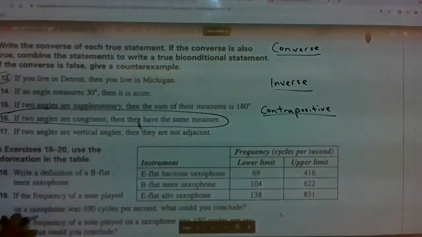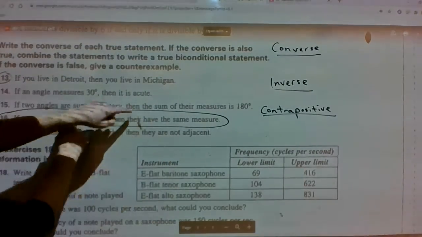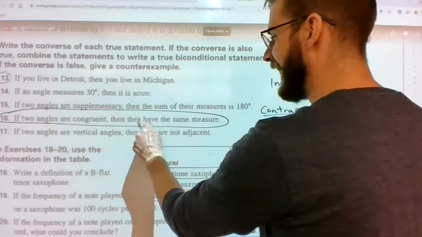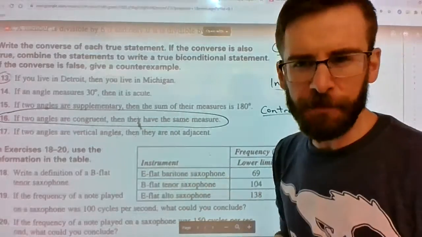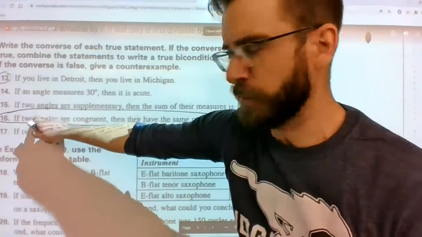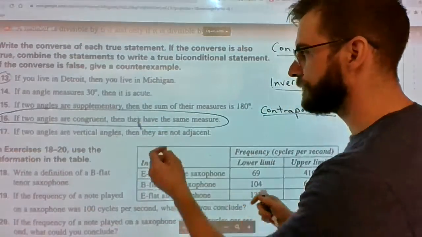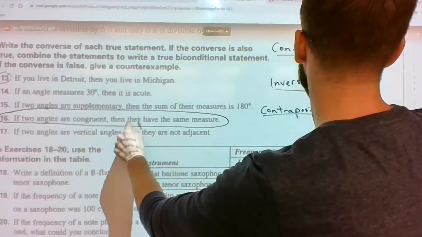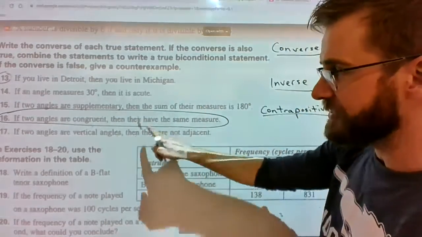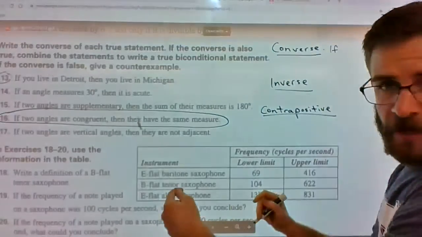The converse switches the if and the then statement. So you'd say, if they have the same measure. So instead of putting they, because that's a pronoun, we want to put the antecedent first. We want to talk about two angles. So if, instead of saying they, I'm going to say the two angles, okay?